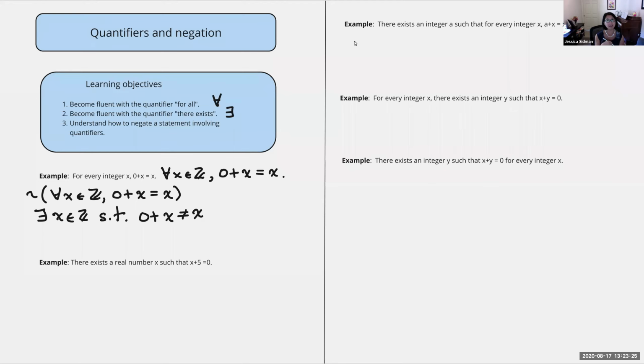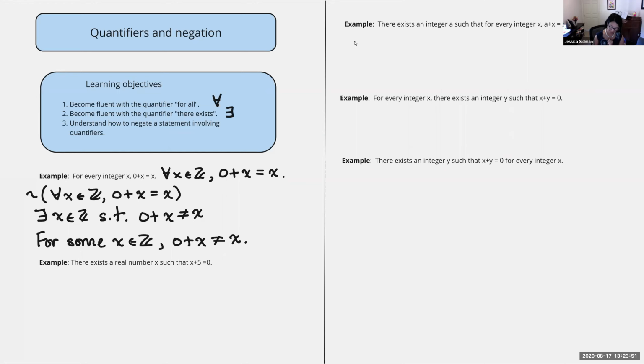And if I wanted to write the statement in words, I might say, for some x that's an integer, 0 plus x is not equal to x. So in writing, the words there exists and for some are sort of interchangeable.